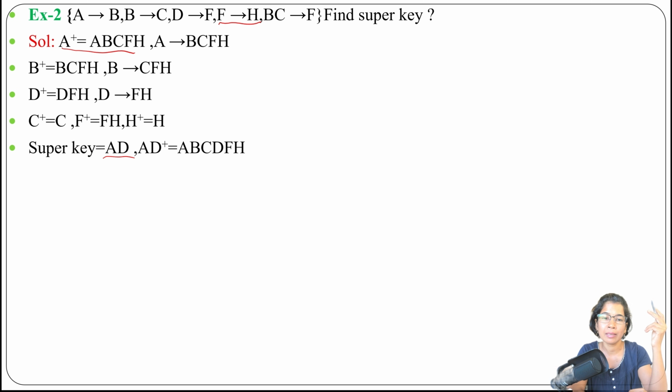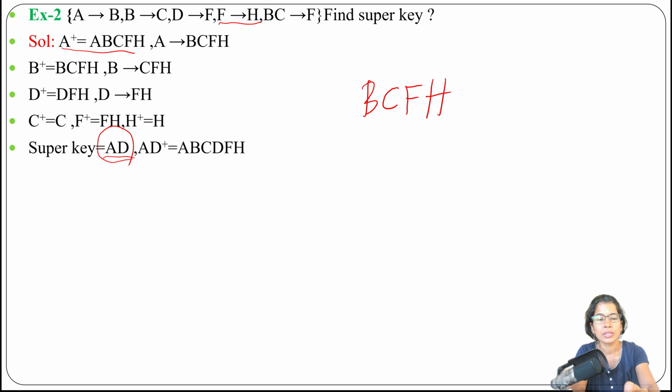If it is asking to find the number of super keys, any superset of this candidate key is a super key. So A, D are the prime attributes, other than A, D there are B, C, F, H. So there are 4 attributes which are non-prime. So how many combinations are possible? 2 power 4, power set of 4. 2 power 4 equals 16.